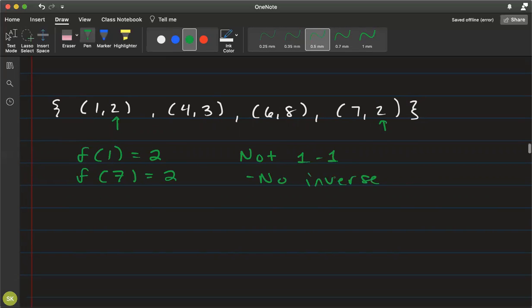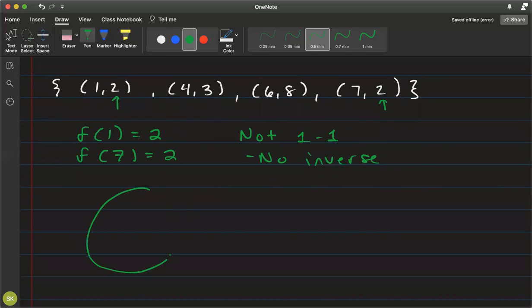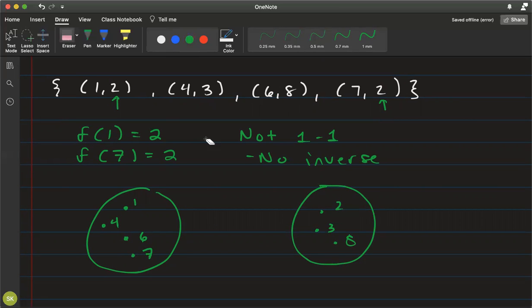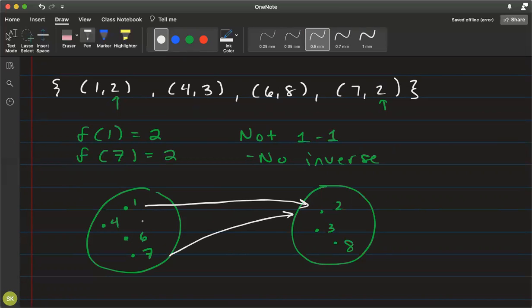And why is that? Well, we could draw a picture here as well, where I have 1, 4, 6, and 7. Those are the numbers in the domain. And 2, 3, and 8. Those are the numbers in the range. And we can say that 1 goes to 2, and 7 goes to 2, 4 goes to 3, and 6 goes to 8.